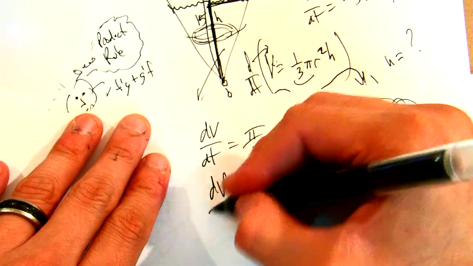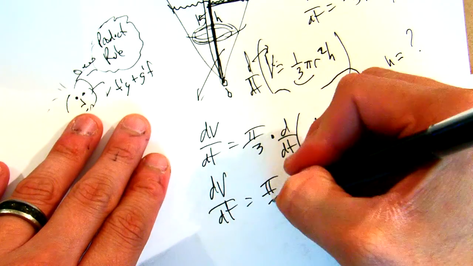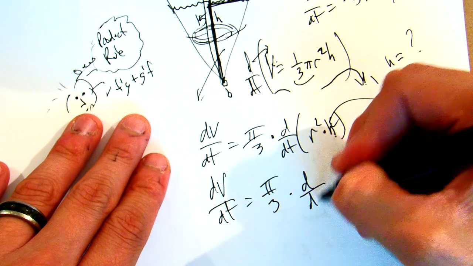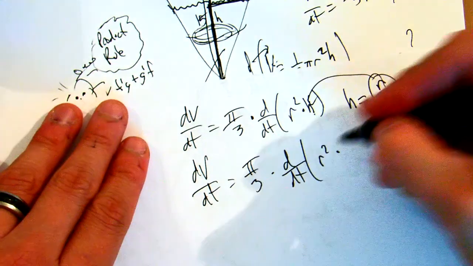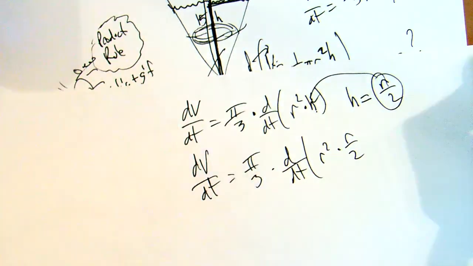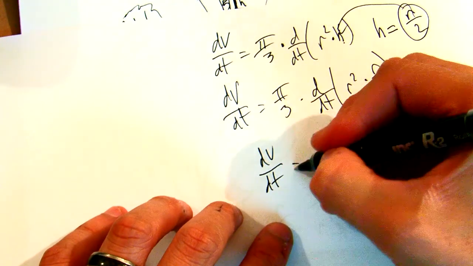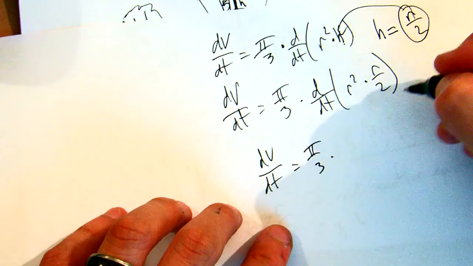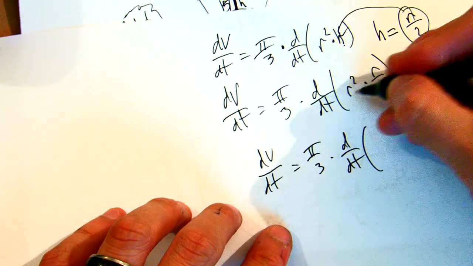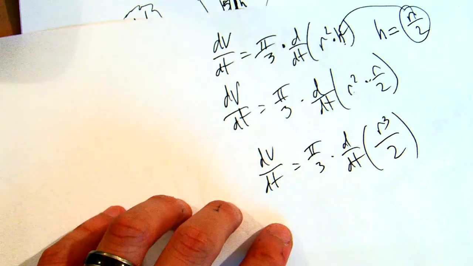So we get dV/dt equals pi over 3 times d/dt of r squared times r over 2.